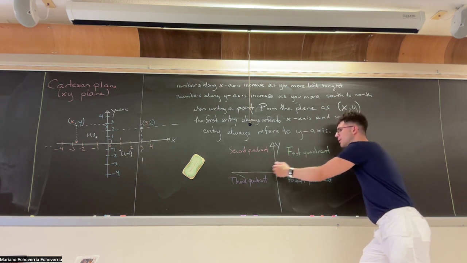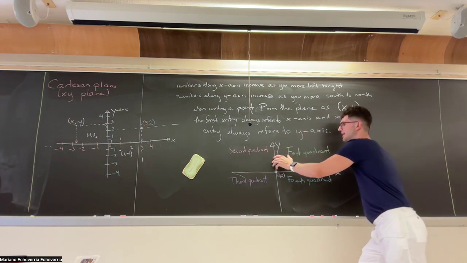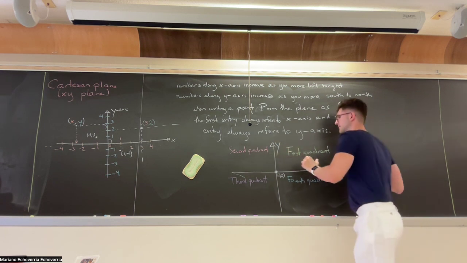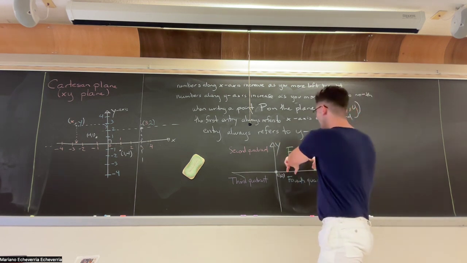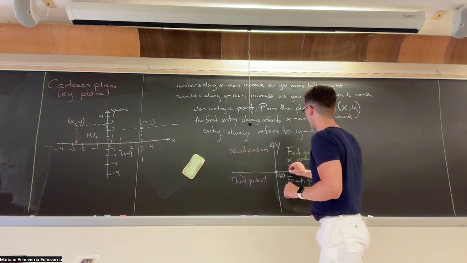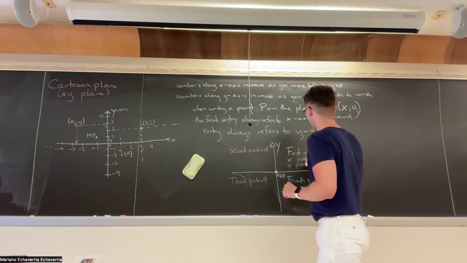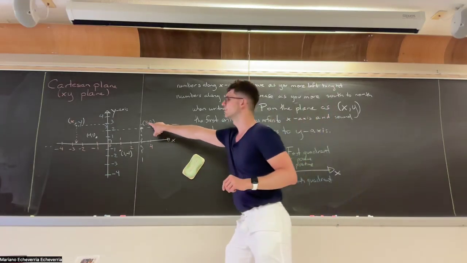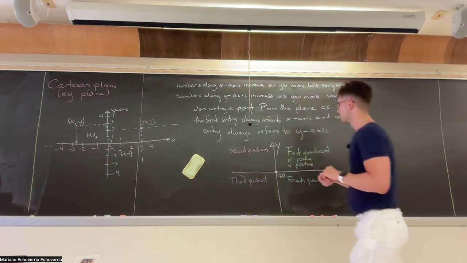So you're doing positive, positive, because that is where both X and Y are positive. A point on the first quadrant will have X being positive and Y being positive, which is what you see here, where both numbers were positive.